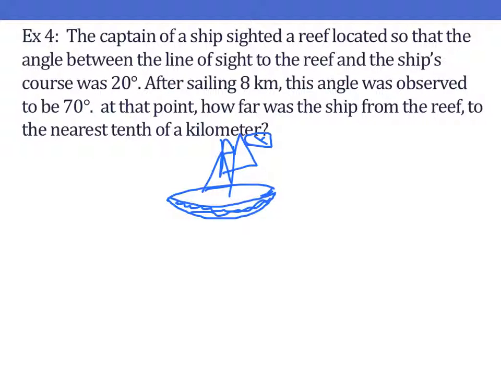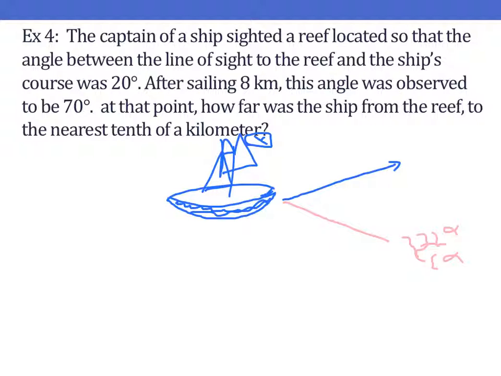So here's my ship. Now it has sighted a reef, and the line of sight is different from the direction that the ship is sailing. The ship is going this way, and there's a reef going the other direction. And so this way, we'll say, is the reef, and so we'll draw a reef, and it's got some fish, maybe a shark.